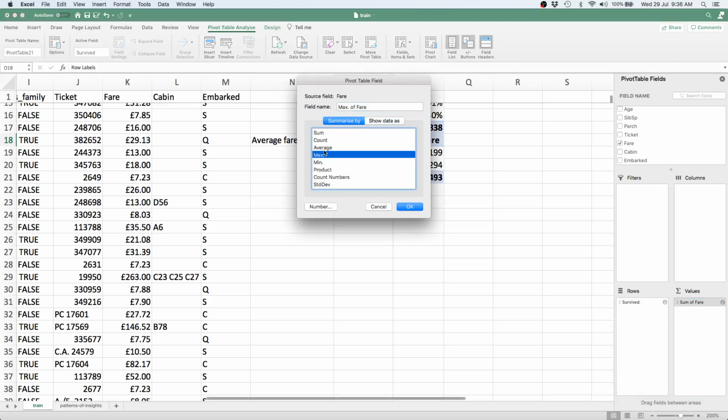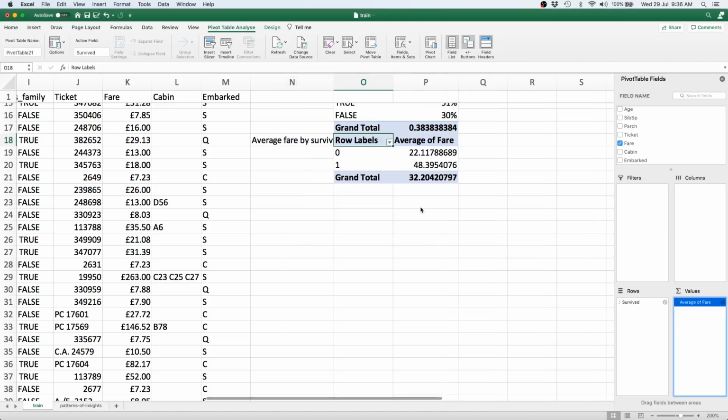One of the reasons we use average so often is because it gives us the best of the worst kind of an estimate. So there it is. The people who did not survive had an average fare of 22.1 GBP, whereas those who survived had an average fare of 48.39 GBP.